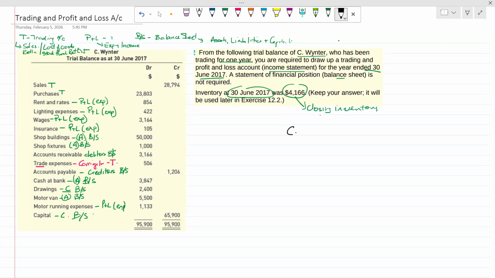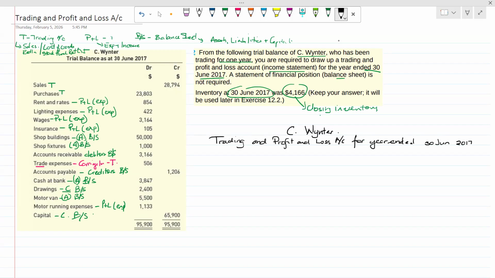So we always start off with the name of the person, C. Winter. We're going to do trading and profit and loss account for year ended 30th of June 2017.